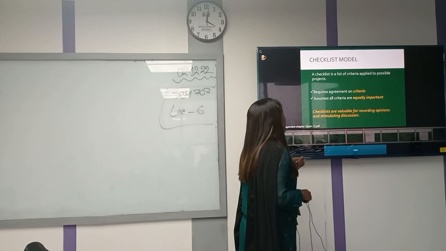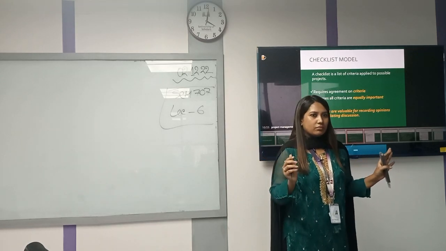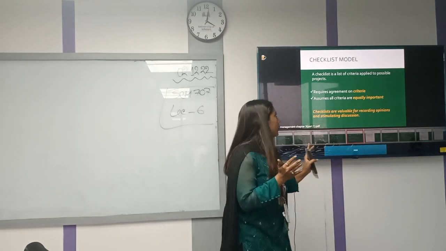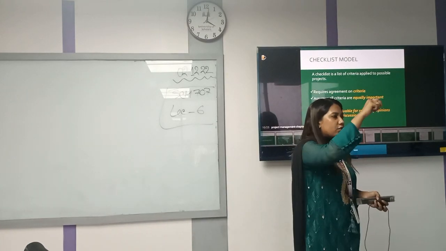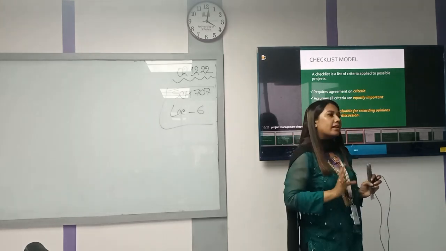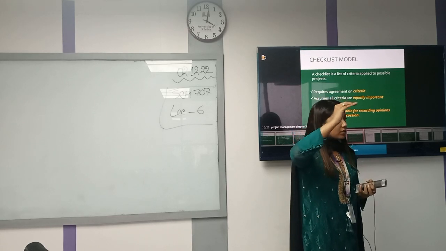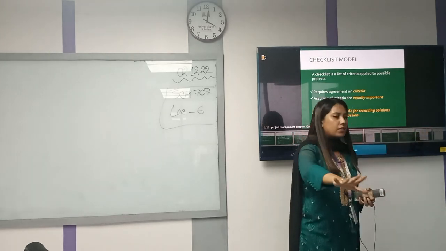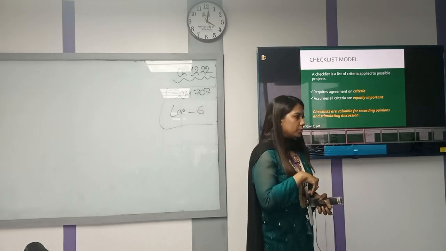So the checklist model, I think the name itself explains everything. It is like a checklist. You will determine a few criteria, some criteria that your organization decides are very important for me. Maybe you have 5 projects in hand, 5 alternatives, and then you will decide what criteria are important for my firm.